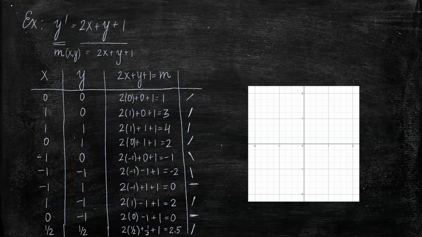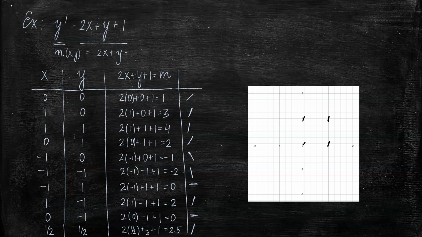So at 0, 0, we can draw a tick mark that represents the slope 1. At 1, 0, we can draw a tick mark with slope 3, so it's going to be something like this. At 1, 1, we'll draw a tick mark that represents the slope 4, so it's going to be even steeper. At 0, 1, it's going to be the slope 2, so something like this.